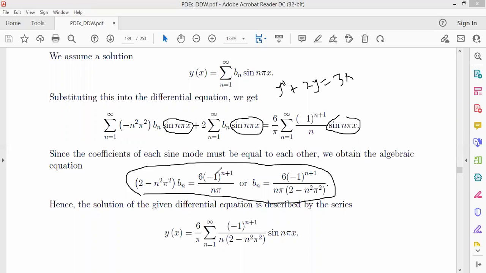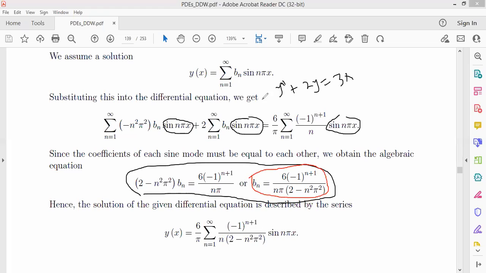And once you get this, you simplify it by making Bn the subject. Making Bn the subject gives you this one here, the one I have enclosed in red. Remember, we already have the expression for y, which is 6 pi.